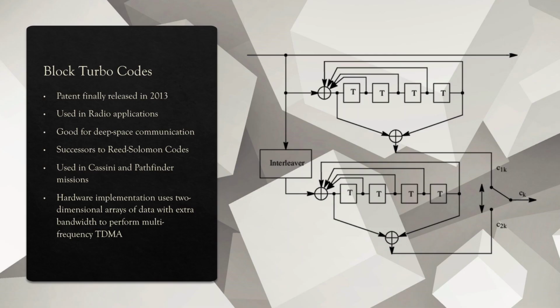The final error correction code I wanted to talk about was block turbo codes, whose patent finally got released in 2013. It's been used in very many applications between low Earth orbit satellites and other applications that are further away from the Earth, so you'll find them in missions like Cassini or Pathfinder.